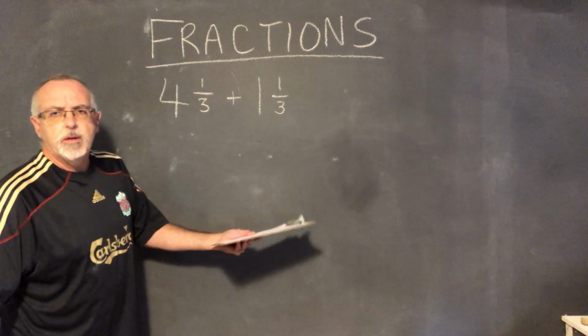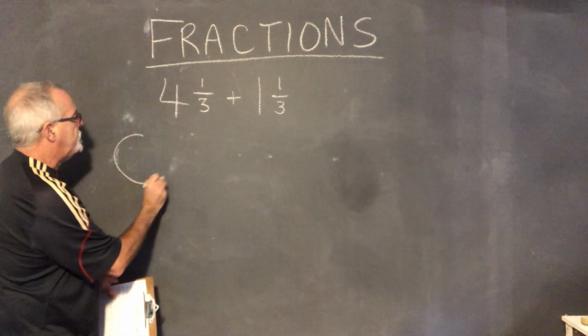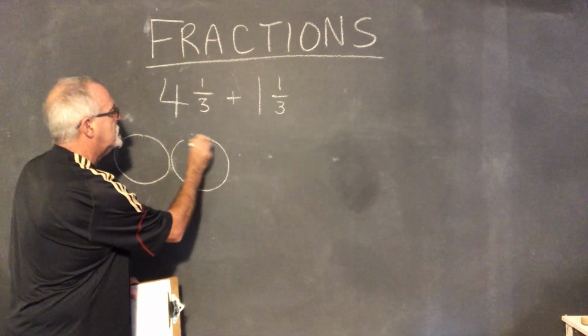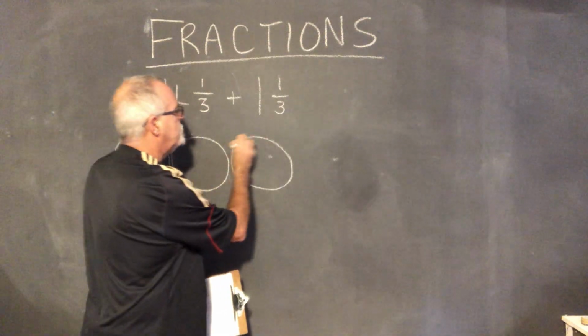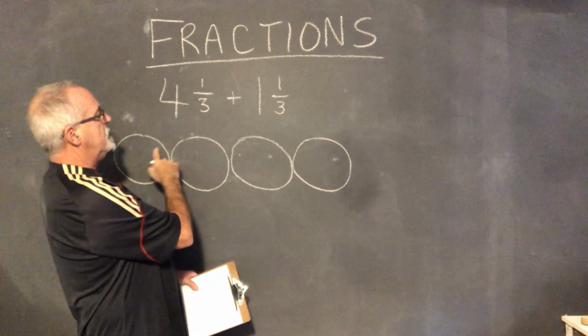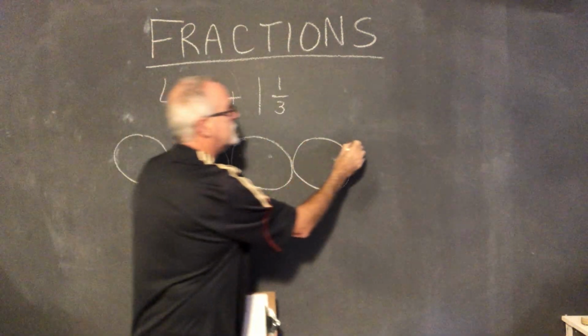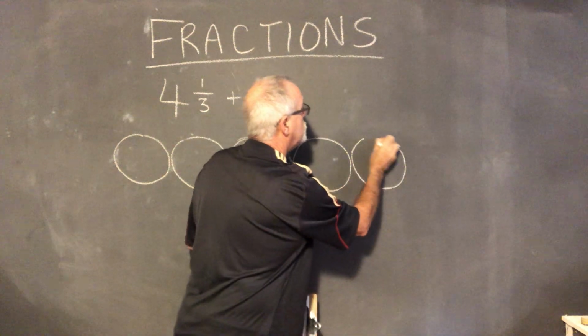Well, that could be 4 1/3 pizzas plus 1 1/3 pizzas. So I'll draw those really quick. I need 4 whole pizzas. So I'll draw them. We won't worry about what size these pizzas are. They're all the same size. And I need 4 pizzas to show this 4, but I also have that third of a pizza. So I'm going to have to draw another one.